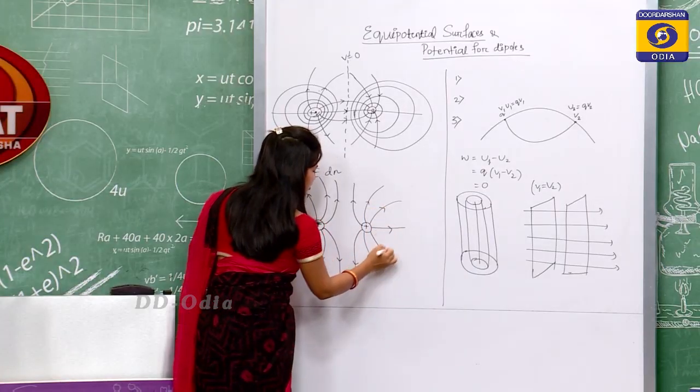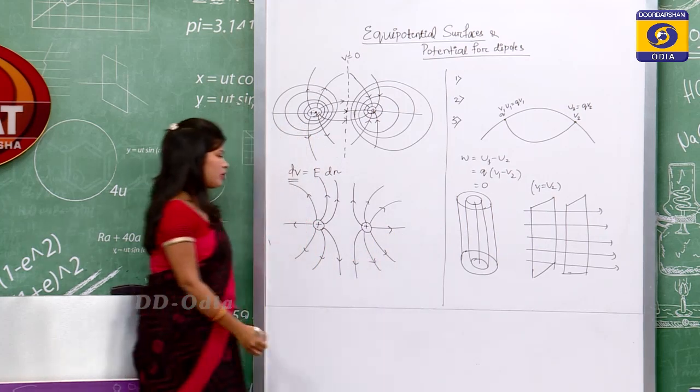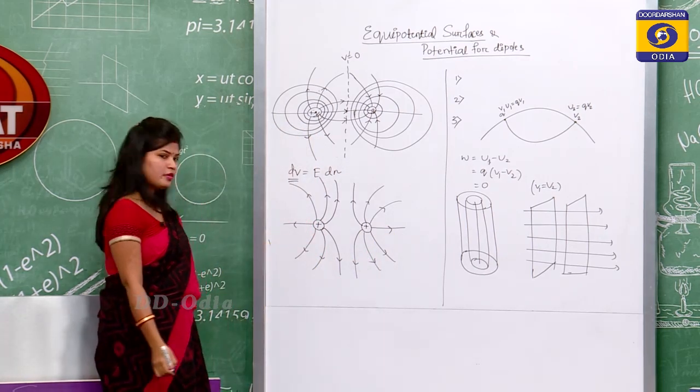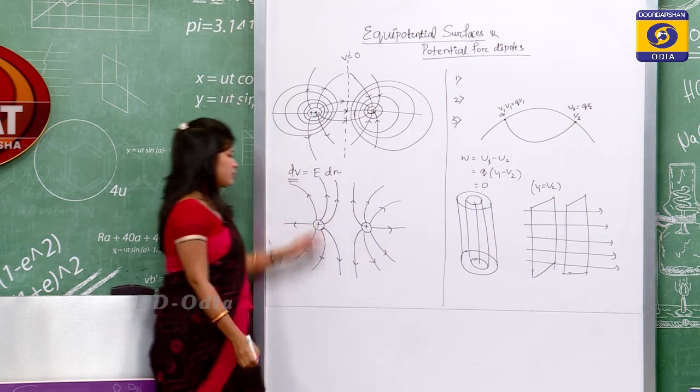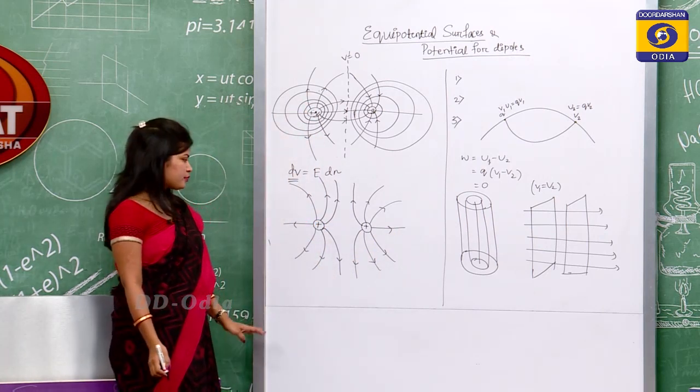You know very well that electric field is outward for a positive point charge. Then what are the shapes of equipotential?